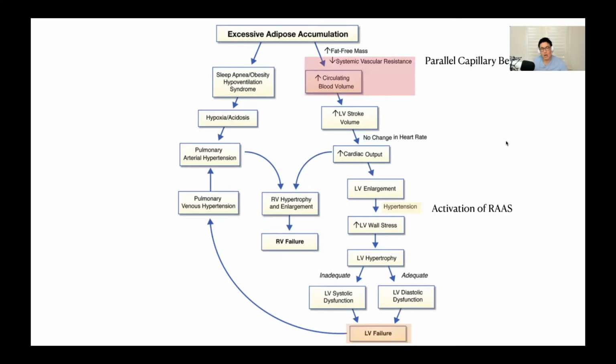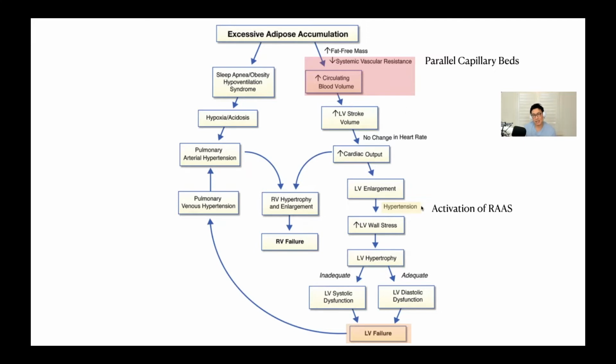And what I came up with was this color code. So let me just move myself down here. Okay. What I've got is this color code here. So with excess adipose tissue, you get an increase in your circulating blood volume, and there's a decrease in your systemic vascular resistance, which is due to parallel capillary beds in adipose tissue.